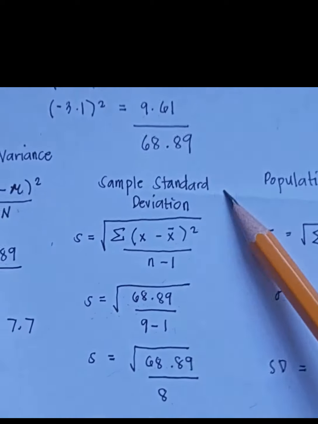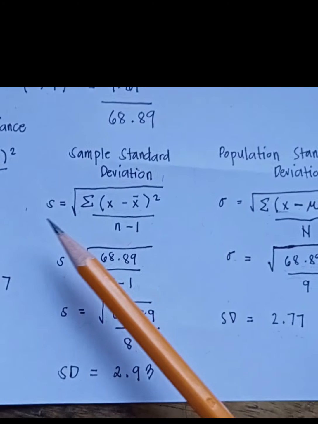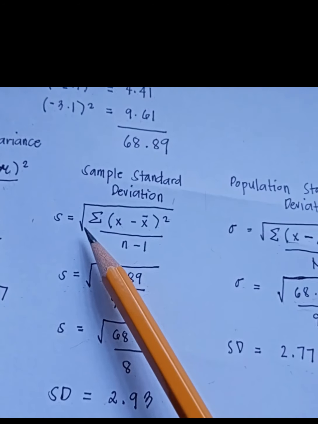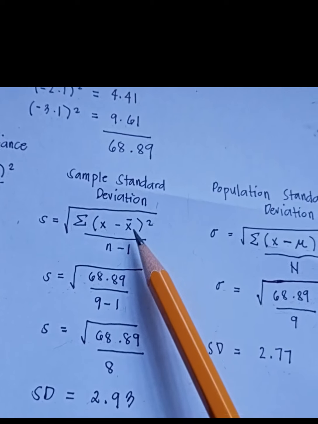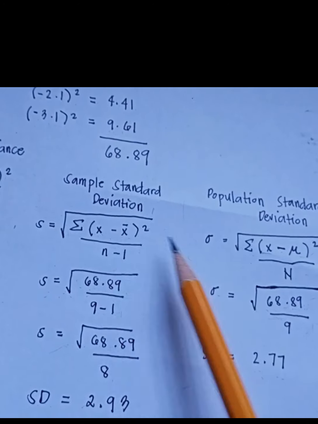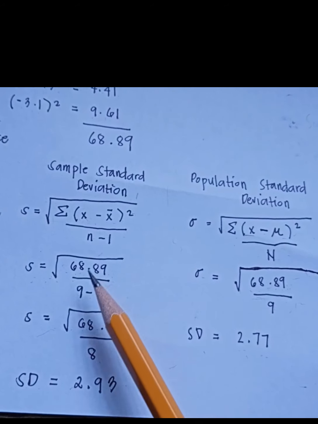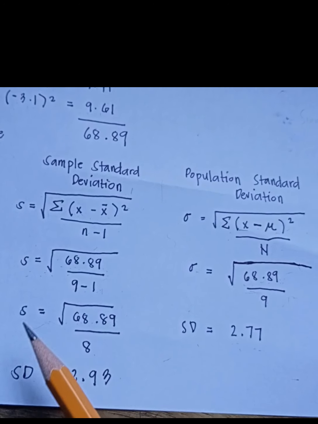In sample standard deviation, we also have a formula. S is equal to the square root of the summation of (x minus the mean) squared divided by n minus 1. So S is equal to the square root of 68.89 divided by 9 minus 1.